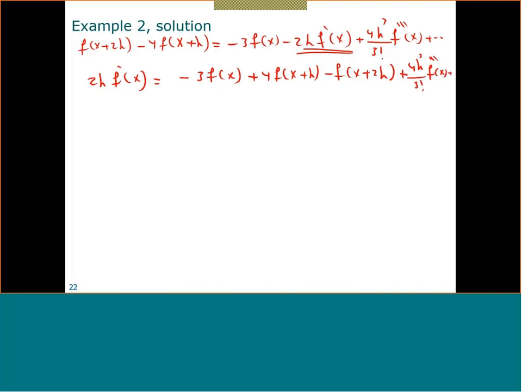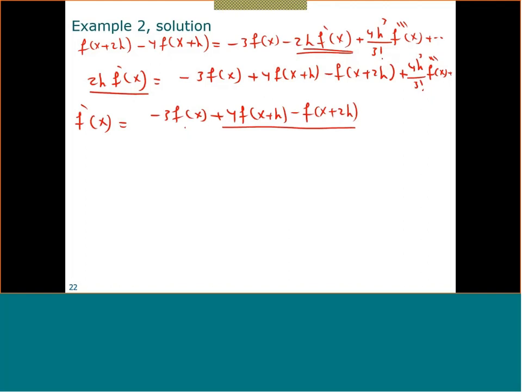Okay, now I have this on one side, and I want to find f prime of x, so I will divide everything by 2h. So this becomes minus 3f of x plus 4 f of x plus h minus f of x plus 2h, all of this divided by 2h, plus I will divide 2h with this.